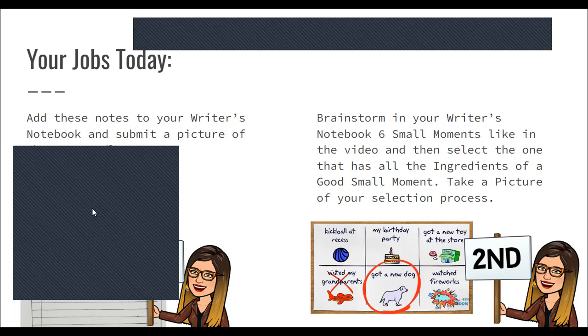So we have to draw. No, we have to draw and pick 6 of our ideas of a personal narrative and circle one that we want to choose. Yeah, the one that has the most ingredients for a small story or for a personal narrative. Okay, the best choice.